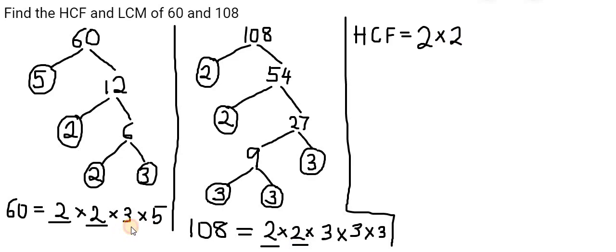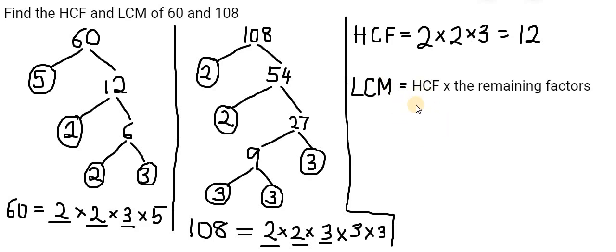And there's a 3 common to both of them. That's a times 3. So in this case, the HCF is 2 times 2, which is 4, times 3, which is 12.